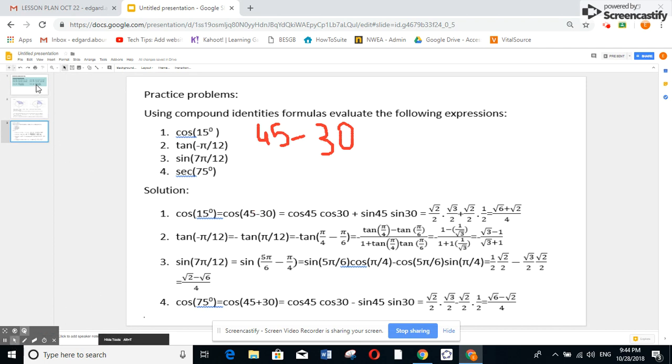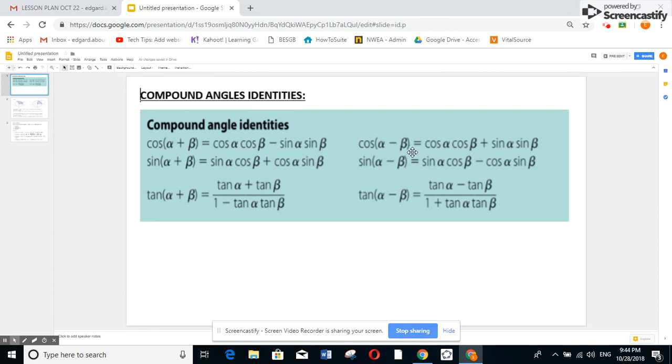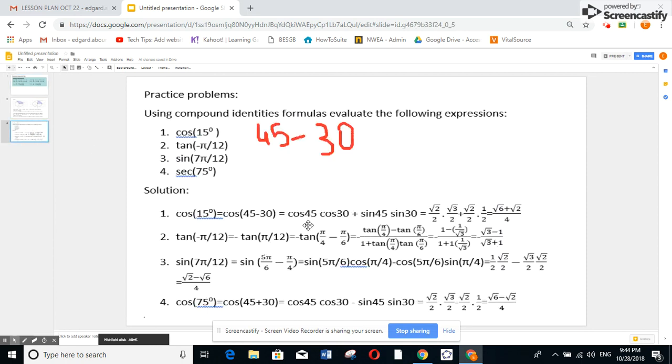So it's cosine of A minus B. And we know that cosine of A minus B is cosine A cosine B plus sine A sine B. So it's cosine 45 cosine 30 plus sine 45 sine 30. You know that cosine 45 is radical 2 over 2, cosine 30 is radical 3 over 2, sine 45 is radical 2 over 2, and sine 30 is half. You're going to get radical 6 plus radical 2 over 4. So now we can find the cosine of 15.